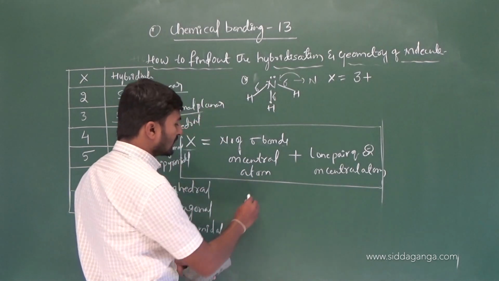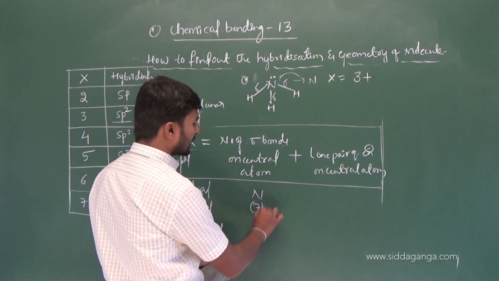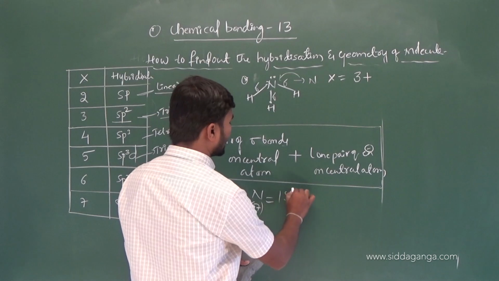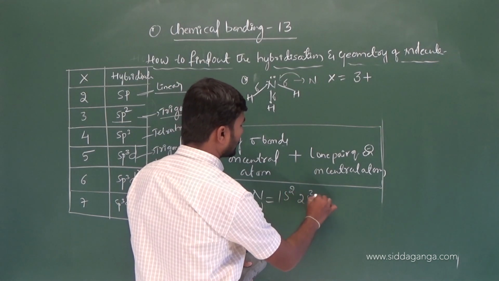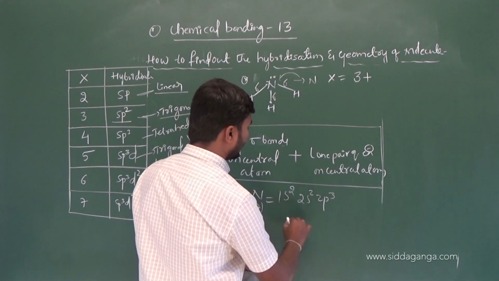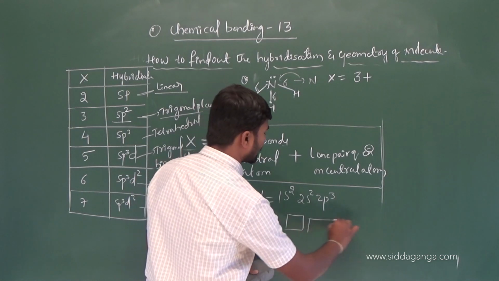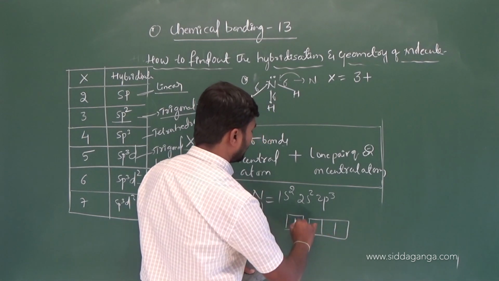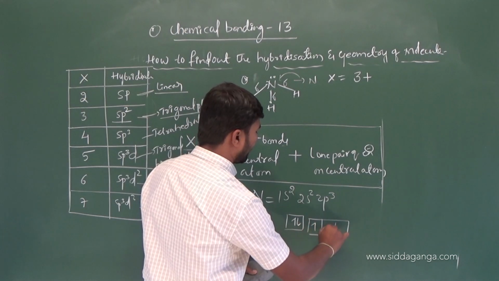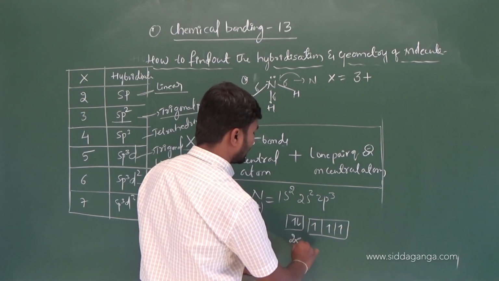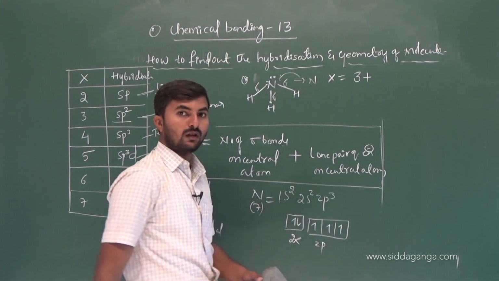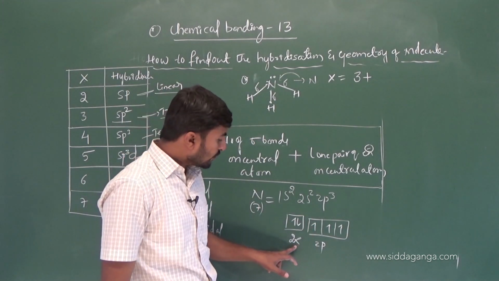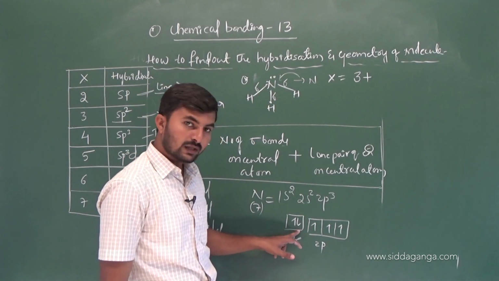Suppose you consider the nitrogen atom, atomic number 7. It has the configuration 1s2, 2s2 and 2p3. If you consider the valence shell, this is 2s, this is 2p. The 2s atomic orbital is completely filled.